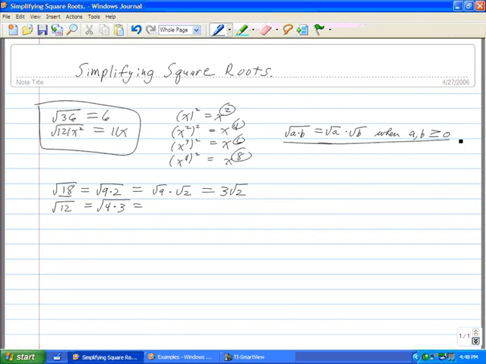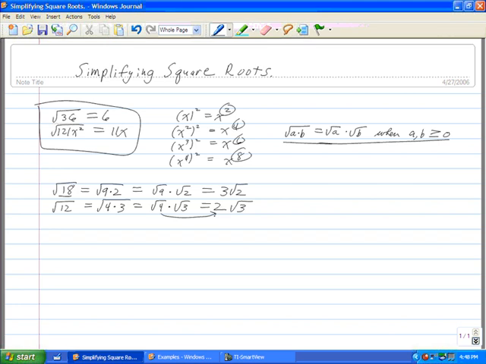Our product rule says that that can be further broken into the square root of 4 times the square root of 3. 4 is a perfect square, so I will take its square root. 3 isn't, and it doesn't contain any, so that's the way you will leave it.